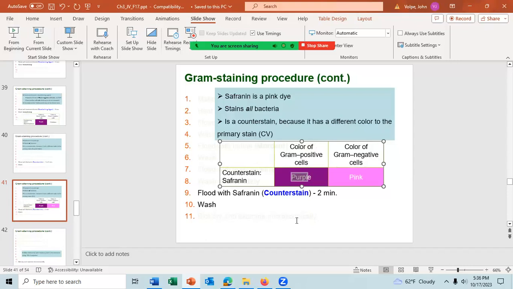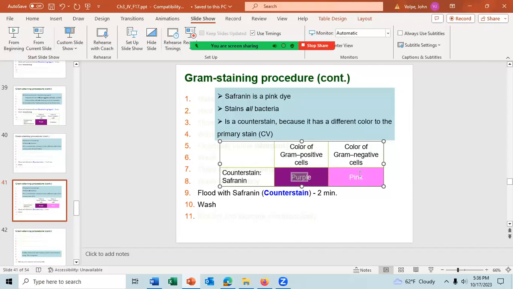Okay. All right. Actually, if you look at the gram-positive cells with an electron microscope, you can see, so let's pretend this is a cell here. You can see in different regions of the cell that there will be crystal violet iodine color in certain regions of the cell, and there will be safranin in certain regions of the cell.